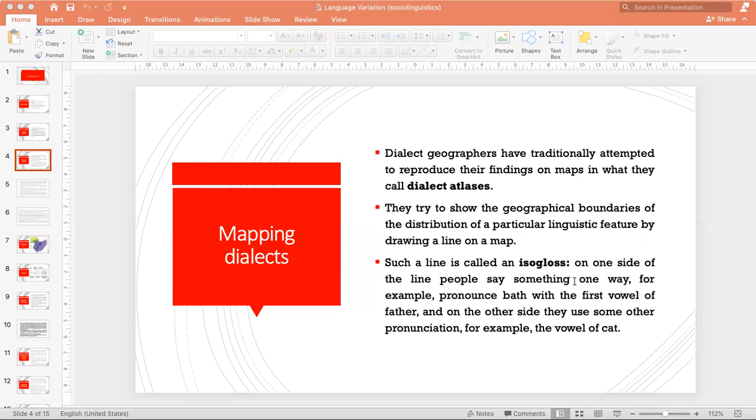Such a line is called an isogloss. On occasion, a number of isoglosses coincide, so that there is a bundle of isoglosses. Such a bundle is often said to mark a dialect boundary. Quite often, the dialect boundary coincides with some geographical or political factor, for example, a mountain range, a river, or the boundary of an old principality or diocese.